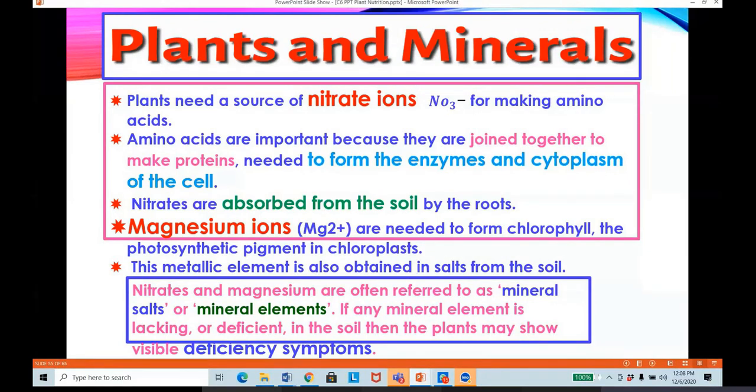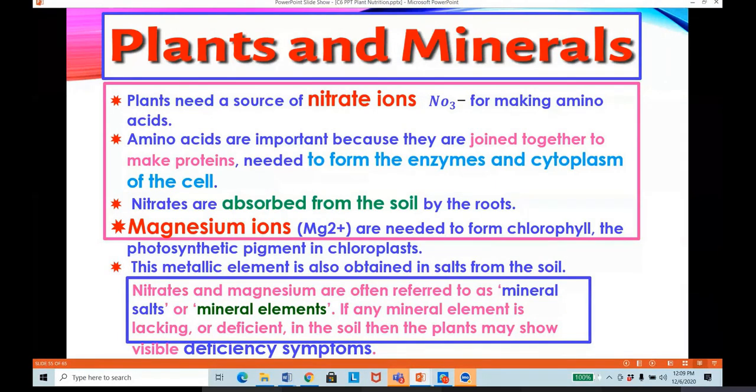From the soil, from the roots by the process of? Is it osmosis, diffusion, or active transport? We studied this in our chapter 3, the movement in and out of the cells.